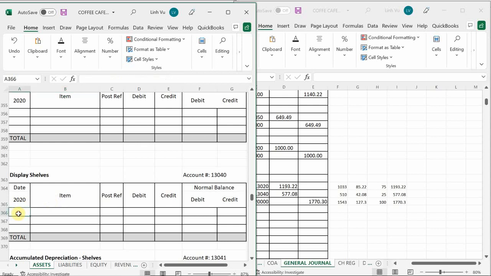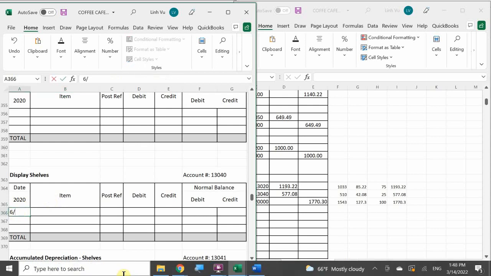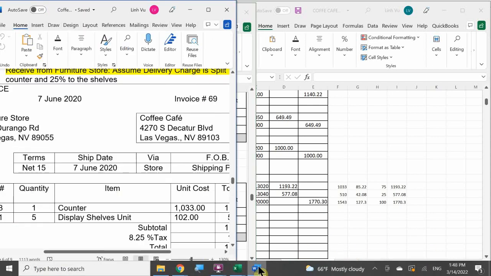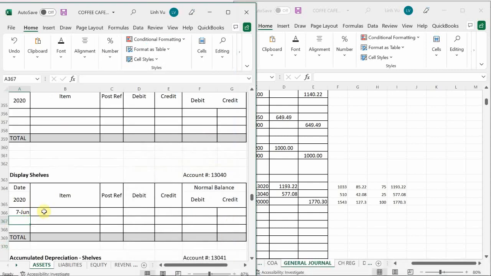All right, display shelves. I bought display shelves, $102 per shelf.